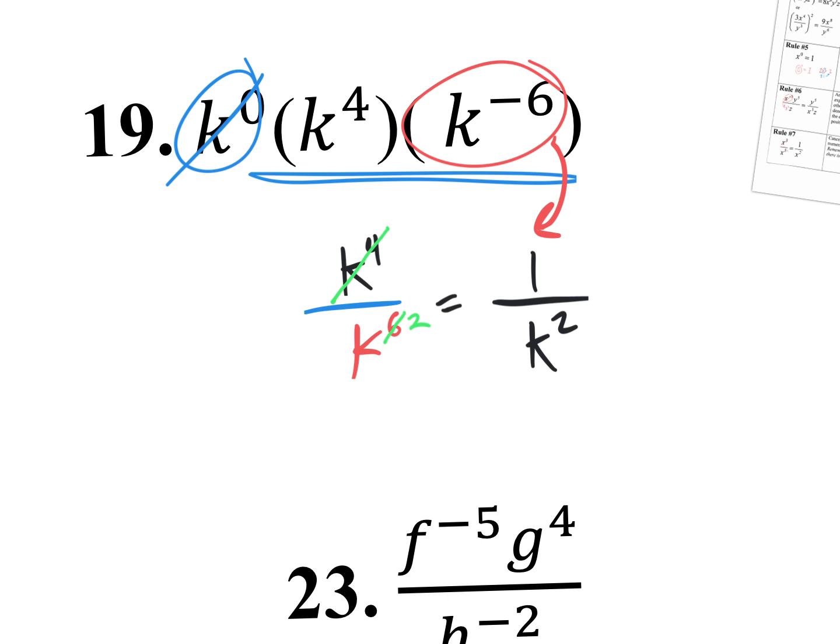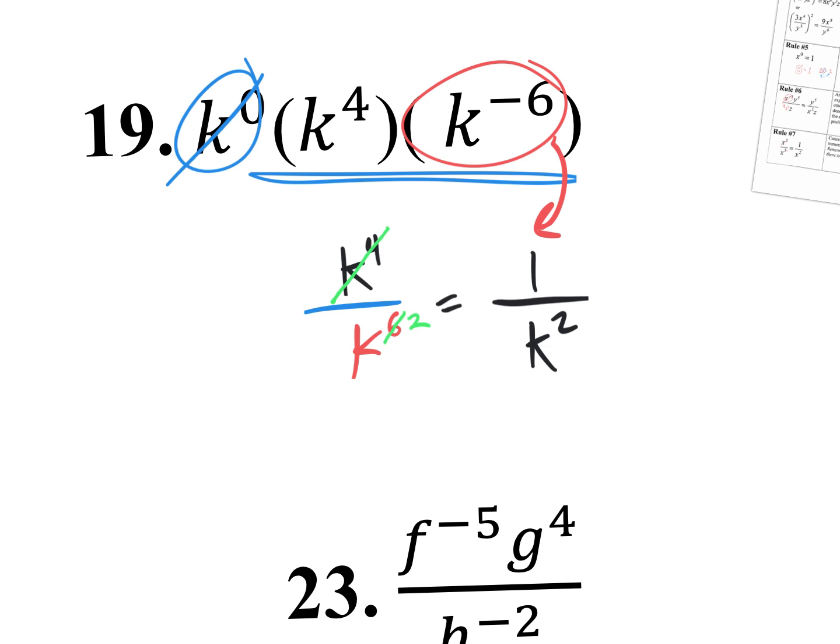Pretty cool, huh? We applied 3 different rules on number 19. And you didn't have to use those rules, particularly in that process or in that order. You could have said from the beginning, rule 1. You guys remember rule 1? When you're multiplying terms with the same base, k, you could add the exponents.